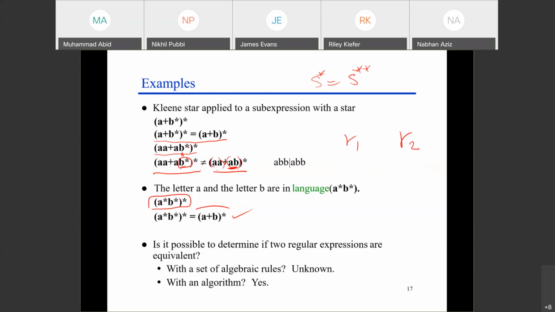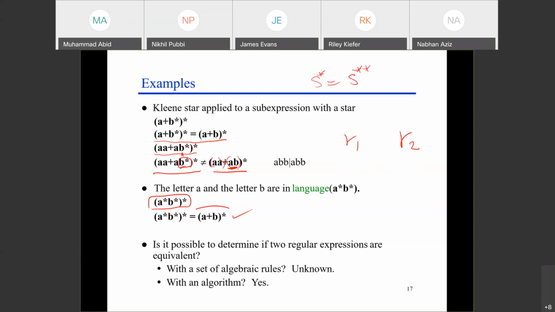Is there any way, without going into that complexity, just by looking at the regular expressions, to know whether they represent the same language or two different languages? Yes, it is possible.